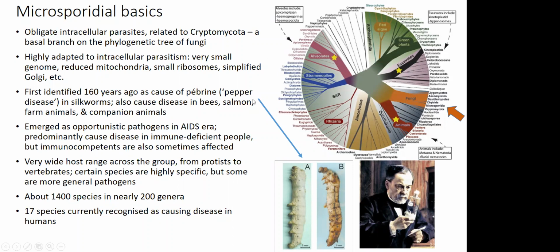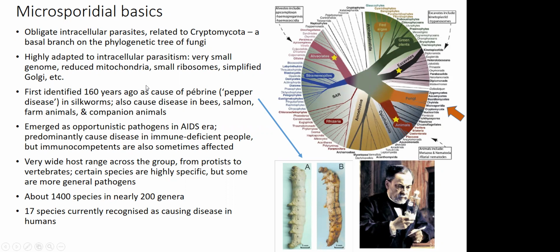And if you look at the tree of life of eukaryotic organisms, at this orange arrow here, you can see where Microsporidia fit in, depending on which author you read, either a member of the Cryptomycota or very closely allied to the Cryptomycota down here at the bottom of the fungal tree.